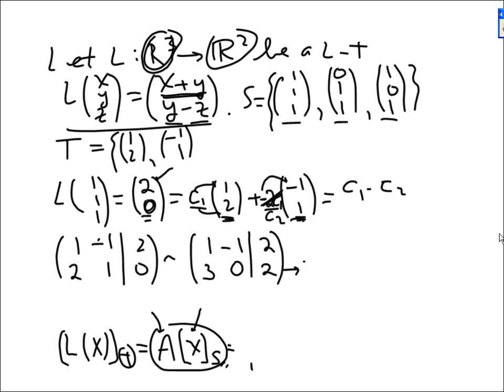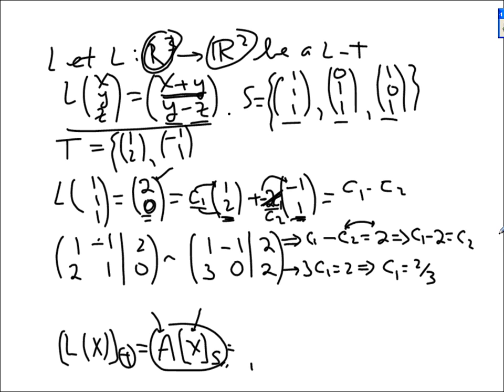This line tells me that 3 times C1 is 2, which implies C1 is 2/3. The second line tells me C1 minus C2 is equal to 2. Interchanging these two, I get C1 minus 2 is C2. But C1 is 2/3.